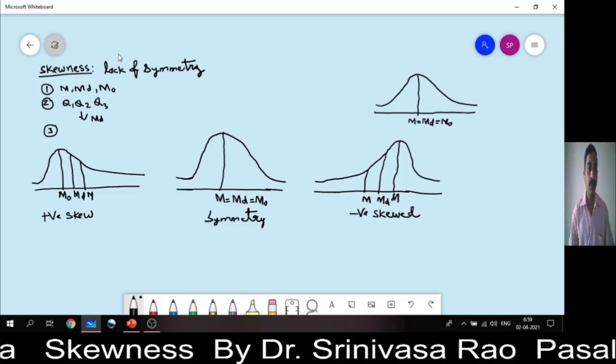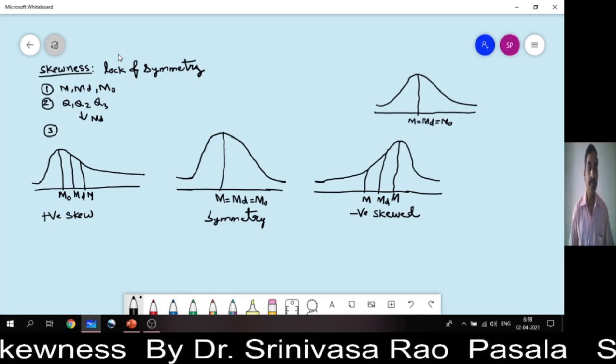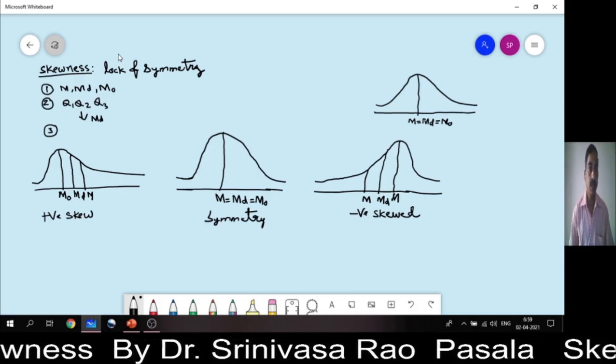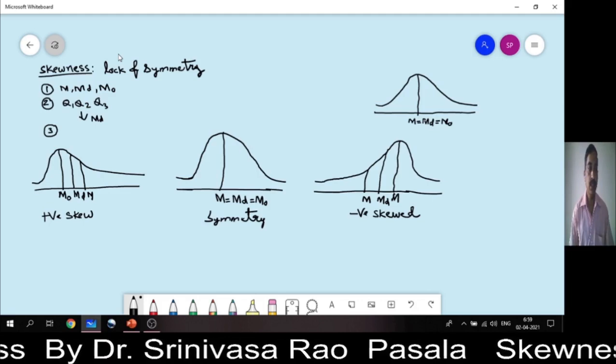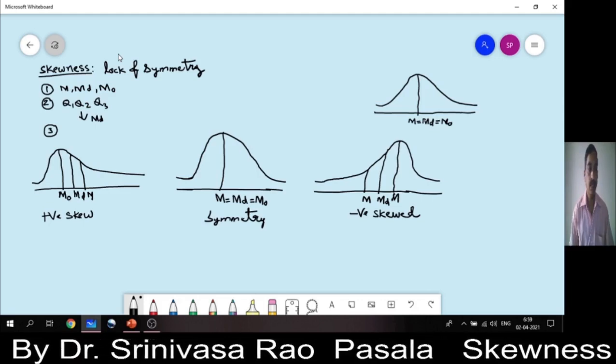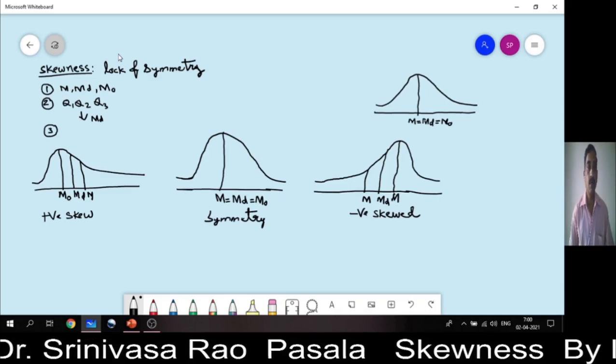Positive skewness is when the larger tail of the distribution lies towards the higher values of the variate, that is, the right hand side.